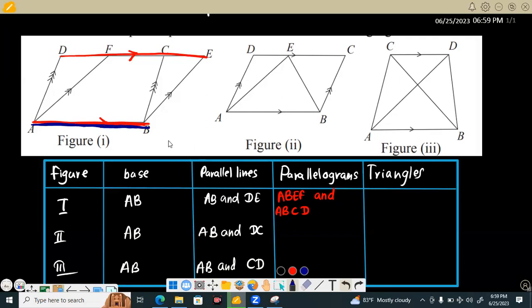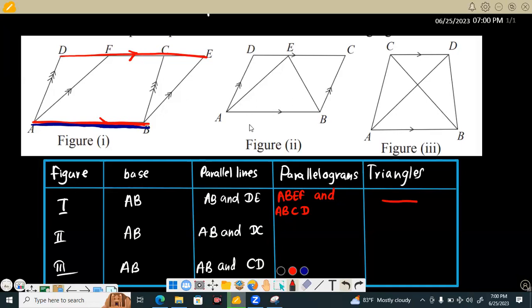Okay, there are no triangles here. The common base එකක් two parallel straight line segments අතර තියෙන triangles මෙතන නැහැ. Okay, let's move to the next second figure.